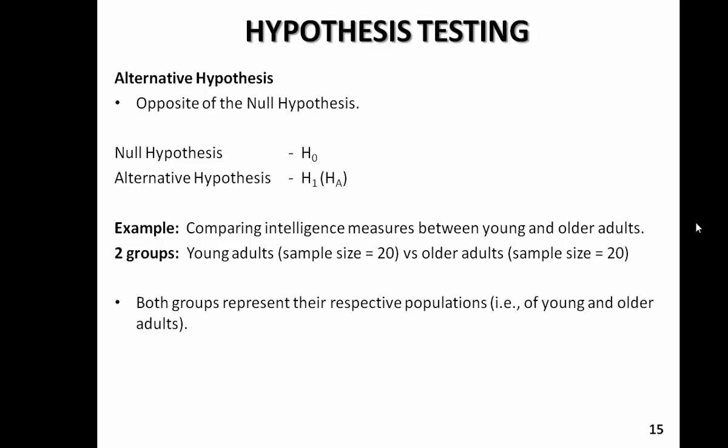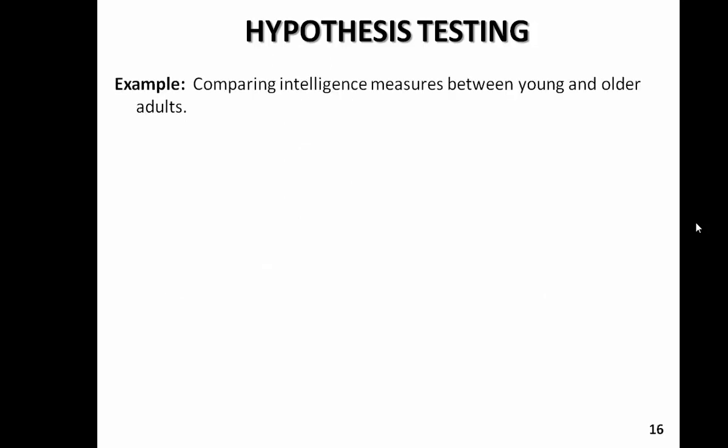Both samples will represent their respective populations, so the characteristics and inclusion criteria for participants grouped within the young adults must be specific to that age range to which the conclusions are to be inferred, and the same approach must be taken with the older adults as well.